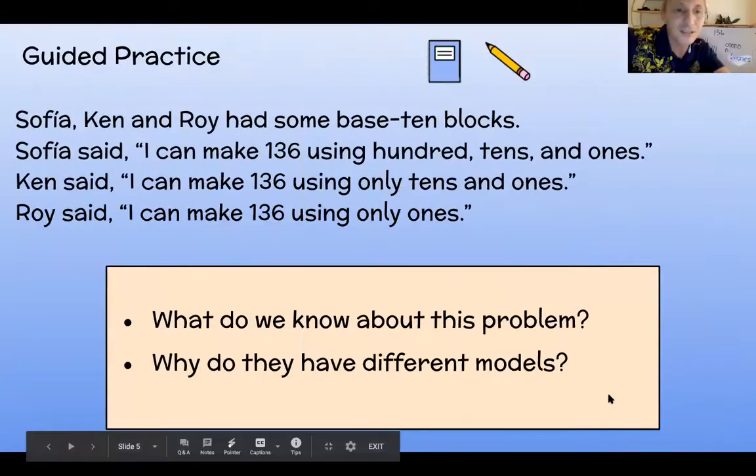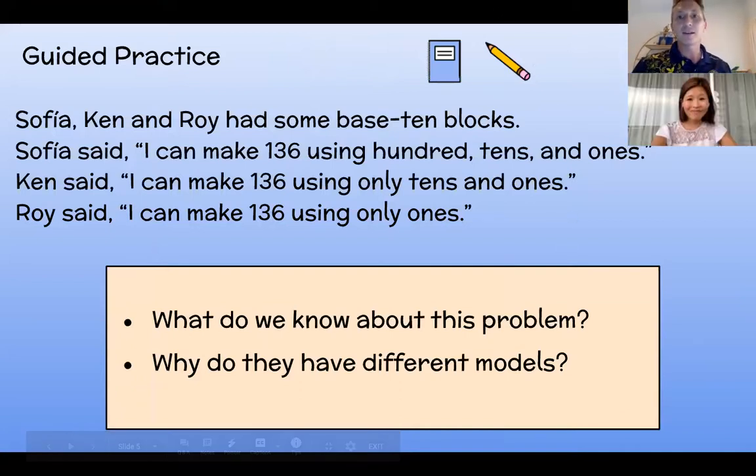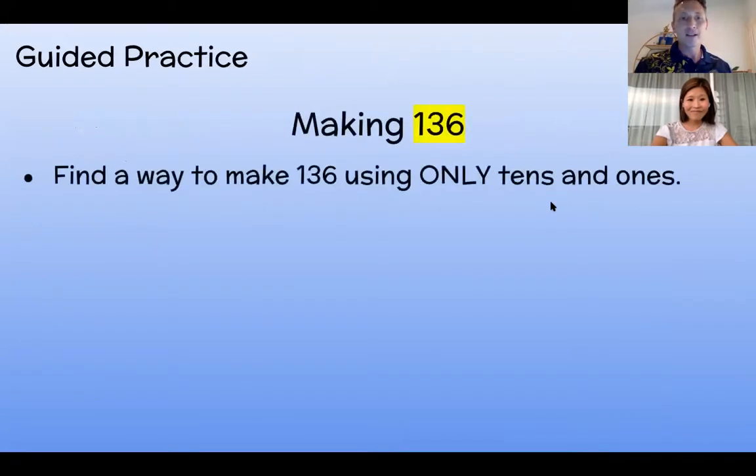Shall we look at the problem, Mr. Regan? I think so. So they all have different models, all making the same number. Finding a way to make 136 only using tens and ones, we just did that.